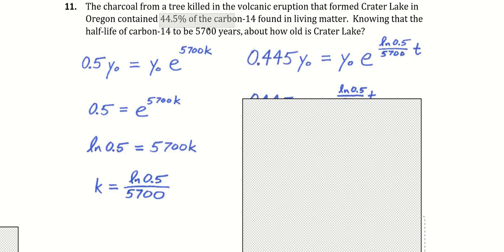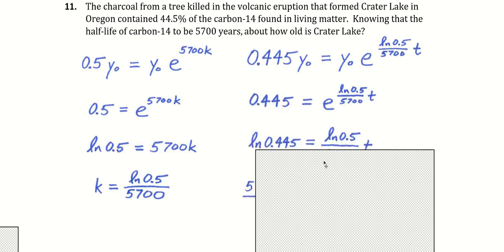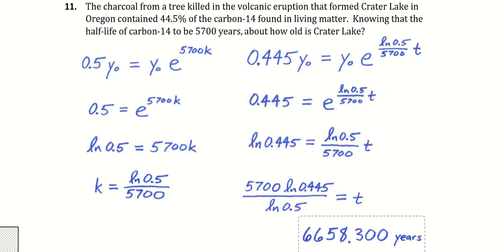So that's what the problem is saying, that it still contains this much. So again, a lot of this repeats itself in these problems, right? The Y initials cancel, take the natural log of both sides, yada yada yada. And that's number 11.